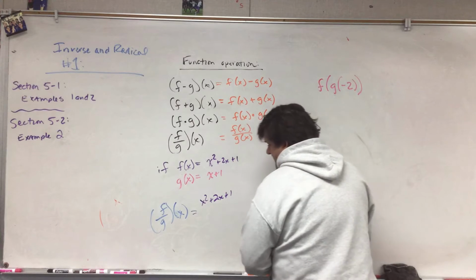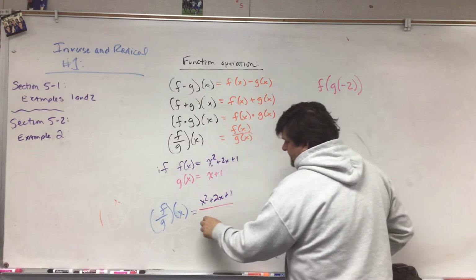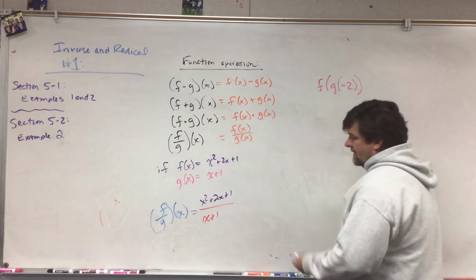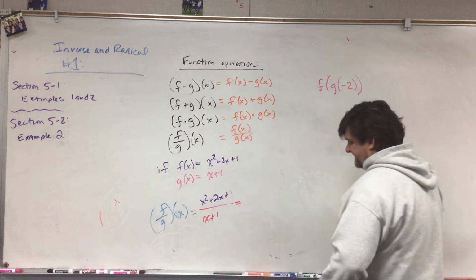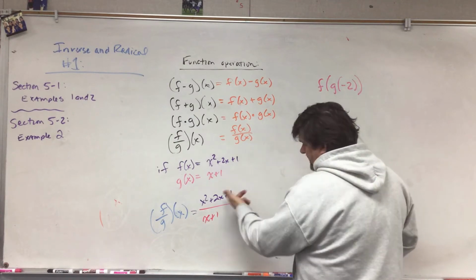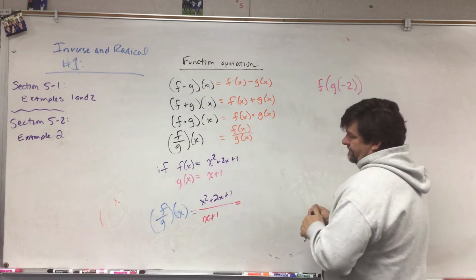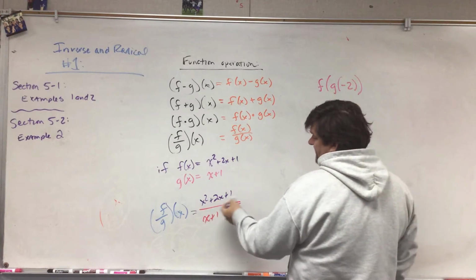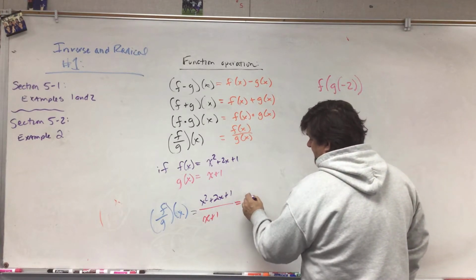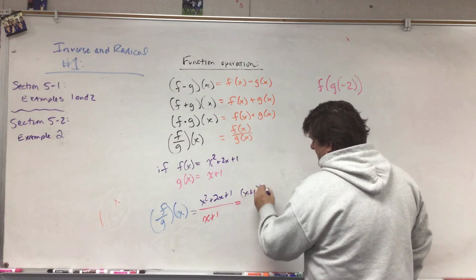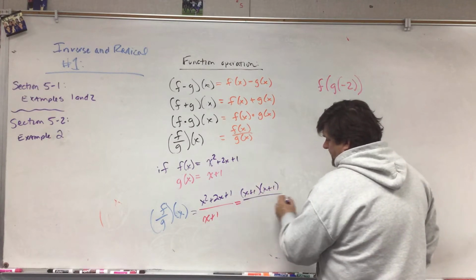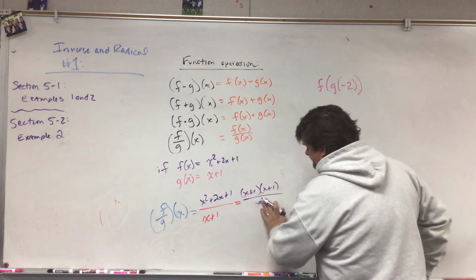And we have our red one on the bottom, which is x plus 1. So you can factor this out if you'd like, using the area model or the box method or the big X method. This is going to be x plus 1 times x plus 1 all over x plus 1.